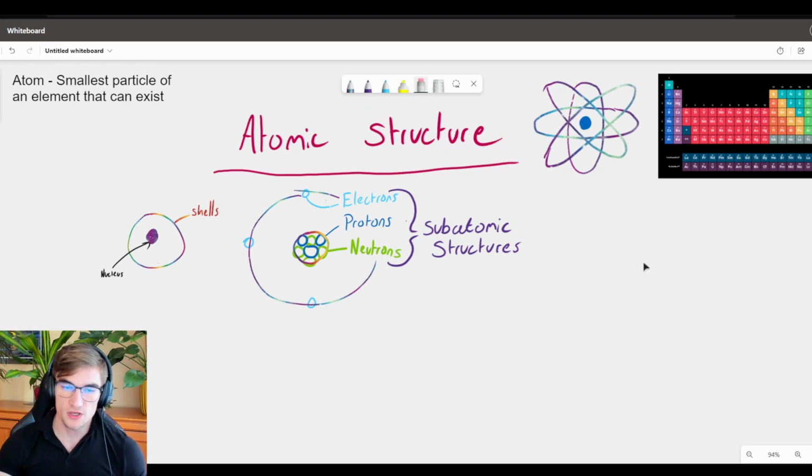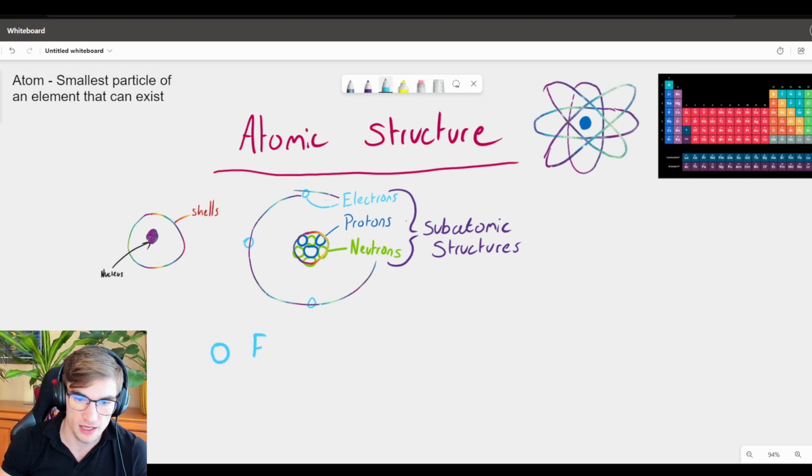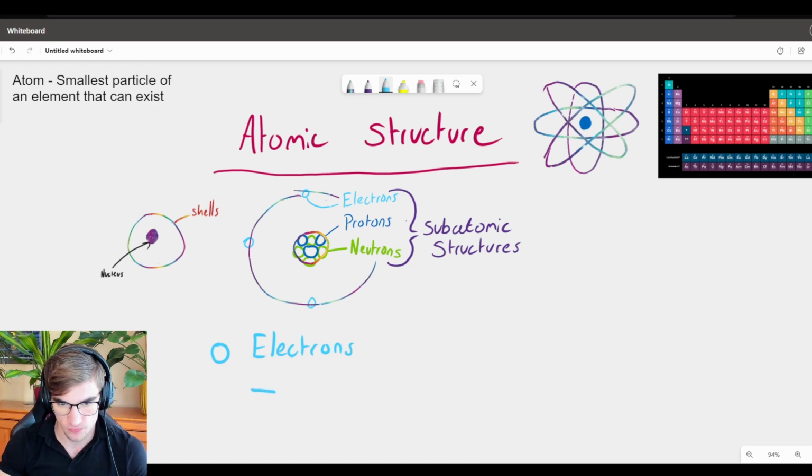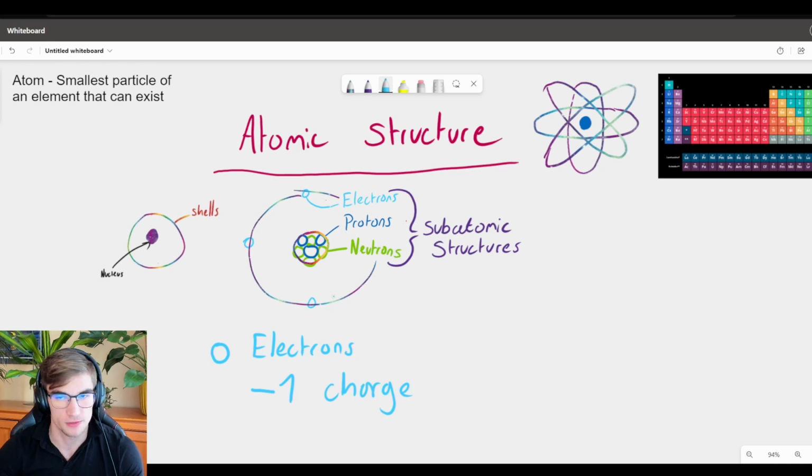Now there are a few more things that we need to say about electrons, protons, and neutrons. I'm going to start off with electrons. Electrons have a negative charge. They have a -1 charge. And we need to know that they weigh basically nothing, so you could say that they weigh 0.